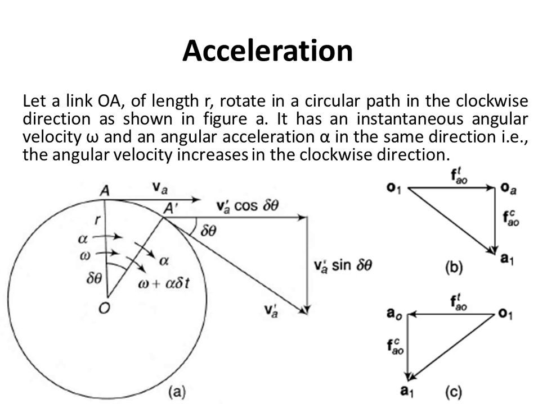So in this figure you can see, let a link OA of length r, which is nothing but the radius. O to A is the radius, and let it rotate in a circular path in the clockwise direction as shown in this figure.